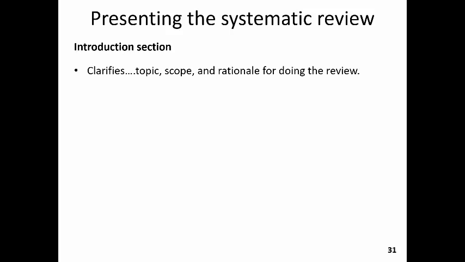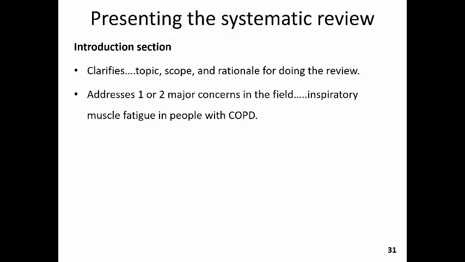The introduction should clarify the topic under investigation, the scope, so how wide a range of this particular topic the researchers are going to focus on, and whether there is a particular rationale for conducting this review. One such approach is to address one or two major concerns in a particular field of study.